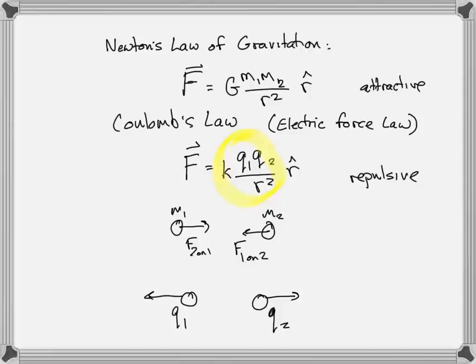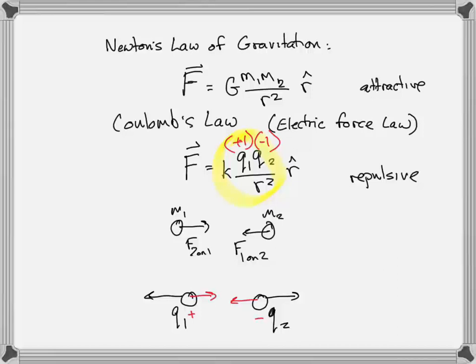But if one of these charges is negative, then it's an attractive force. What happens there is if one of the charges is negative, let's say we put in a plus 1, whatever units, and a minus 1, whatever units, then we get negative r hat. And that tells you it's the negative of repulsive, so it's attractive. So if this is a positive charge and this is a negative charge, then they're going to attract each other like two masses do.